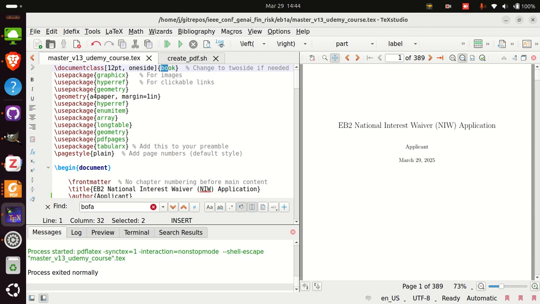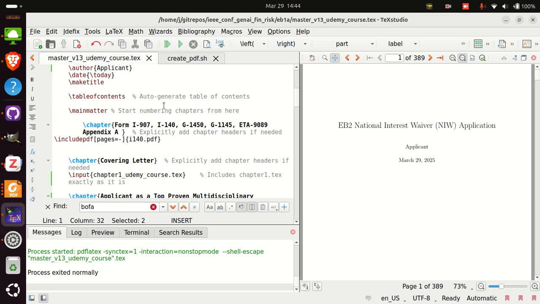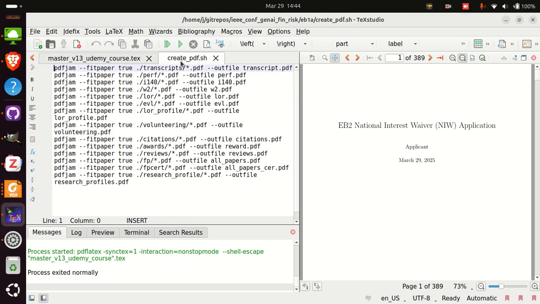So in this LaTeX document, I show you how to organize and keep your EB2 NIW application in one pack. First we create folders for our transcript, performance reviews, I-140, W-2s, LOR, employment verification letters, LOR profiles, any volunteering with the citations that we got, the awards, the reviews, first page, the certificates of paper presentation, research profile.